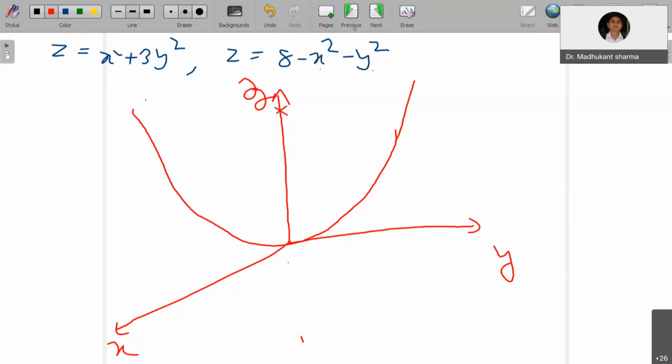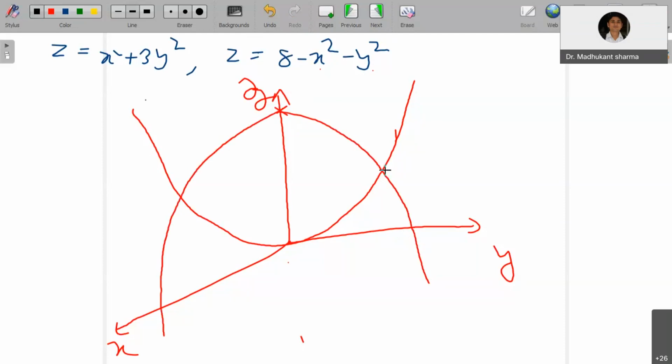When x square plus y square equals 1, you have z equals 7 and so on. It's a reverse, a downward paraboloid. So it will look like this.